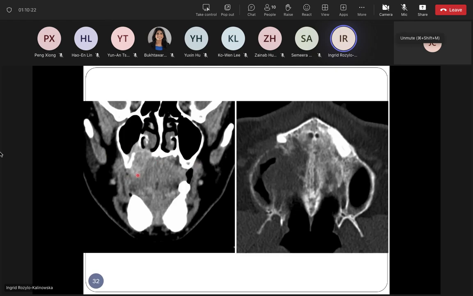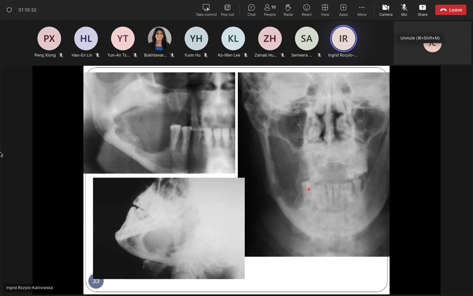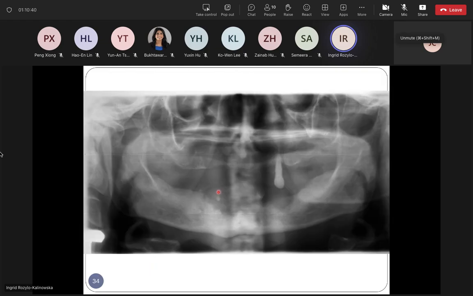And there is a tumor invading the maxillary sinus, nasal cavity, growing into the soft tissues and destroying the hard palate. So there are also examples of cancer. And this is a panoramic radiograph with ill-defined radiolucency in the mandible, some remnants of roots.